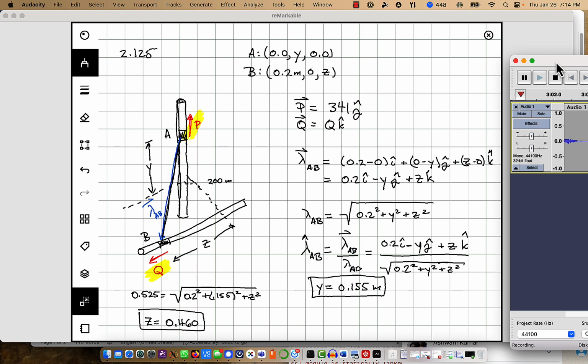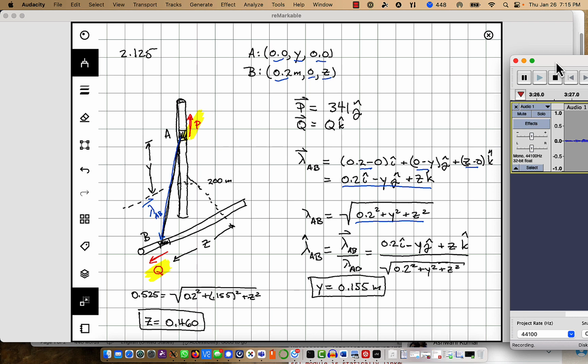So it's 0.2 minus 0, right? Endpoint minus starting point. 0.2 minus 0, and then 0 minus y, and then z minus 0. So we've got these components here, here, and here, which simplifies to that. So the magnitude is this, right? Just the square root of the sum of the squares.